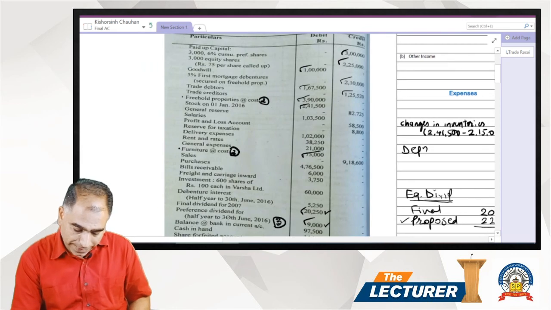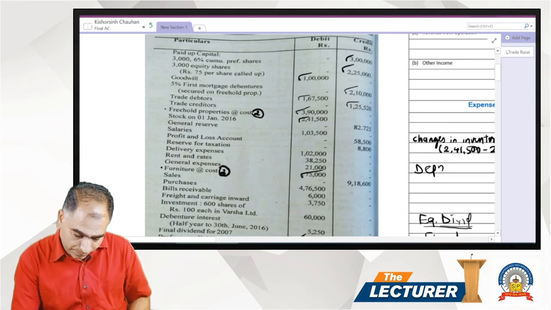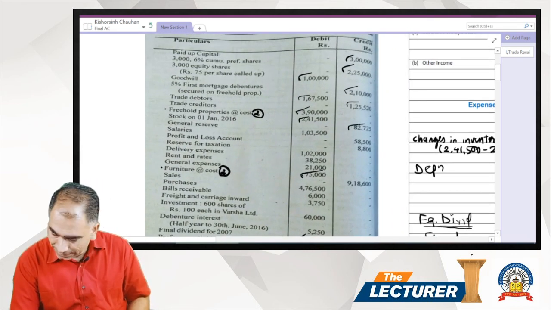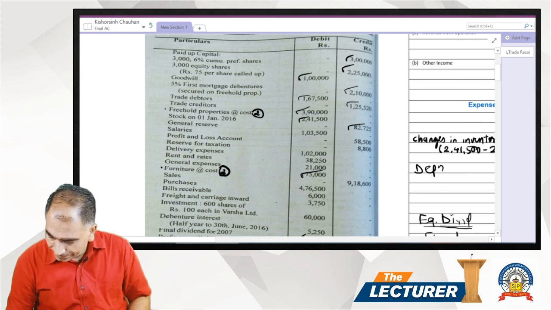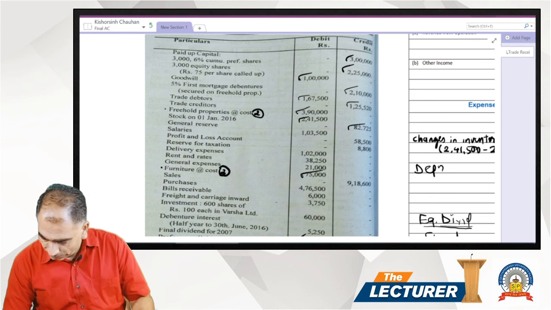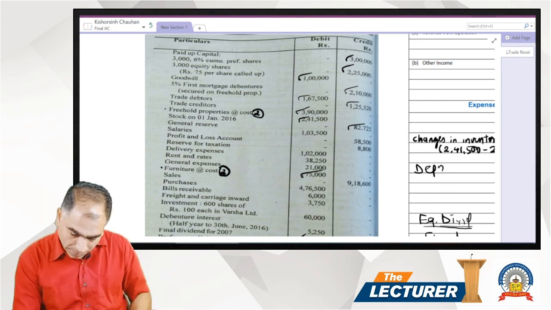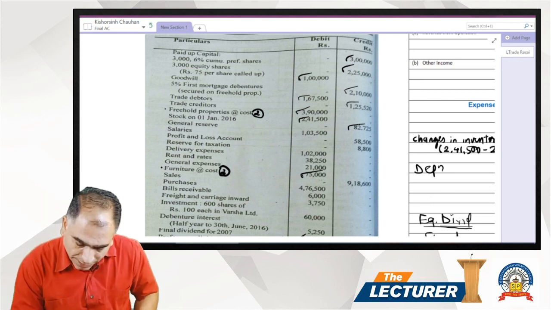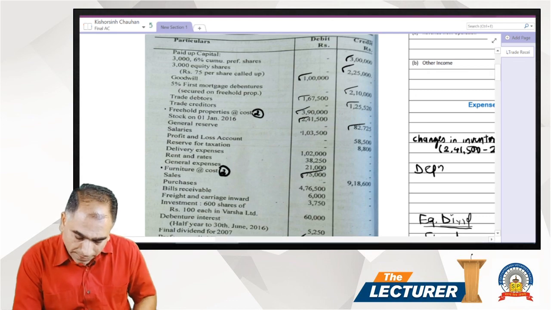After general reserve, next item is salaries, 1,03,500. Salaries is an expense charged to P&L, 1,03,500.